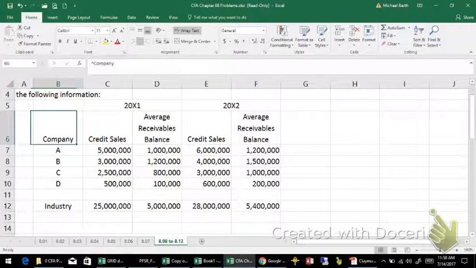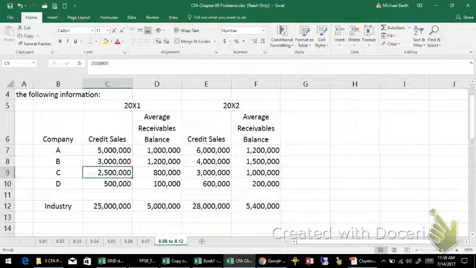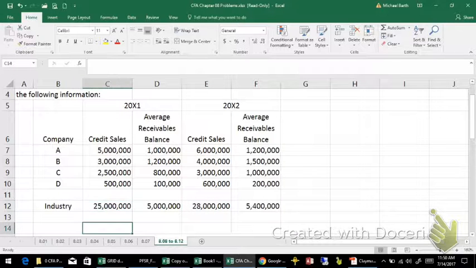Alright, we have this table of information on 4 companies, A, B, C, and D. We have credit sales for 2000x1 plus the average receivables balance, and then the same information for 2000x2, and we have some industry numbers.